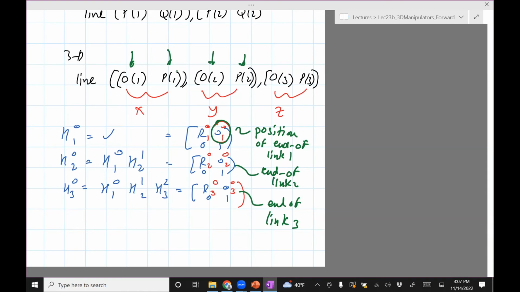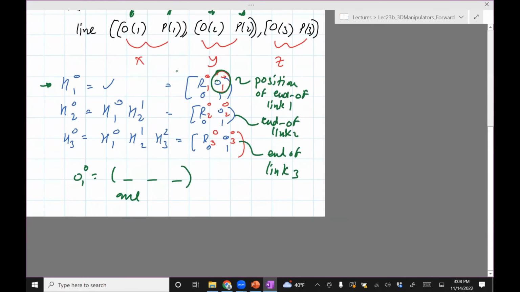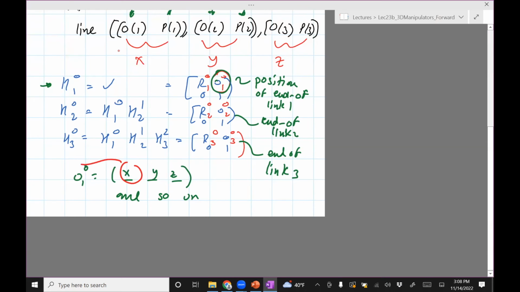So I'll show you an example where I do this, but essentially you're looking at the H, which comes from the DH table, and then you're just looking at the fourth column, since it's a 4x4 matrix, the first, second, third row. So O10 would be X, Y, Z, and so on. This X is the one which will go here, the Y will go here, the Z will go there.